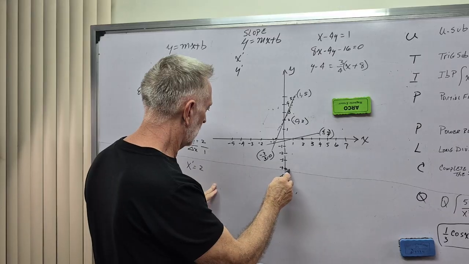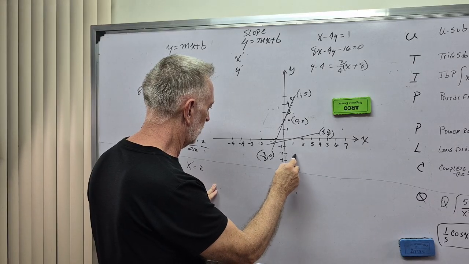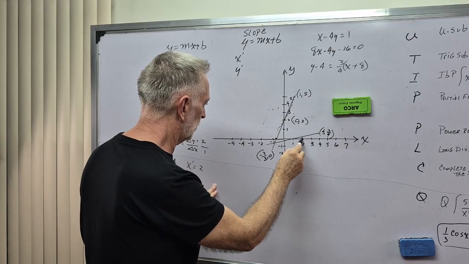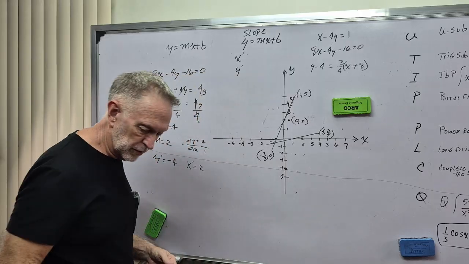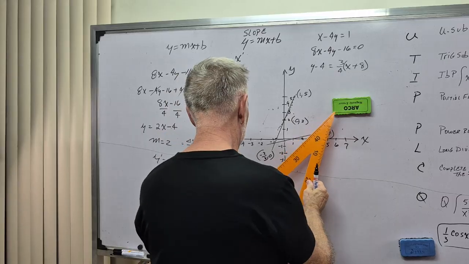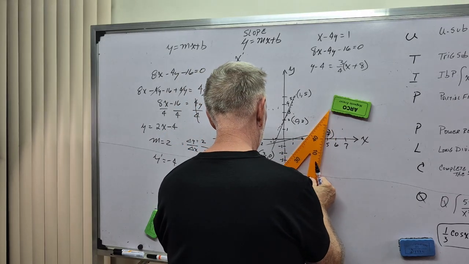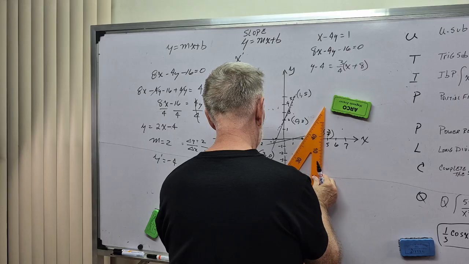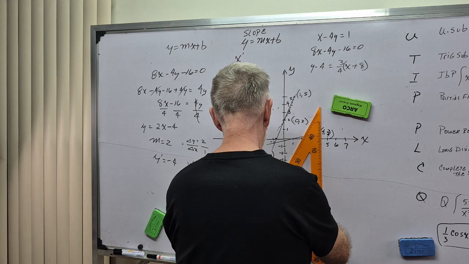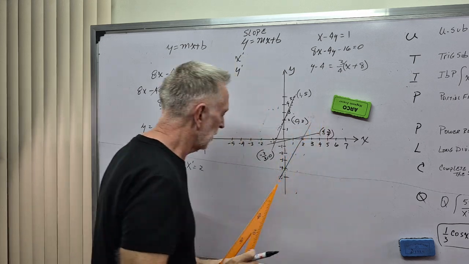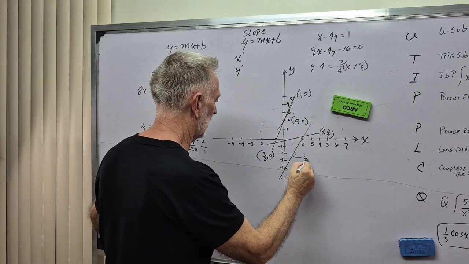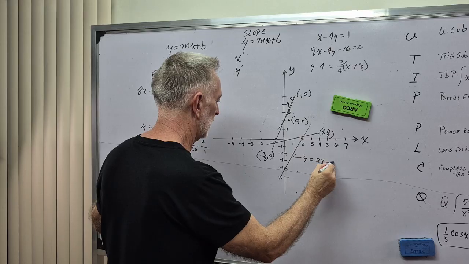If I go over 1, and then I go up 2, and then I go over 1, and I go up 2, yeah! So that's good. Everybody needs a big giant triangle. So our line would look something like that. That line would be y equals 2x minus 4.